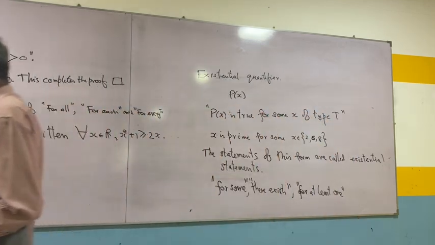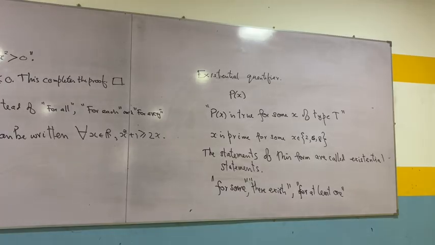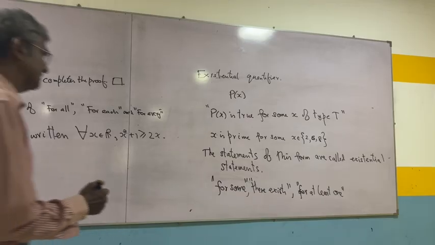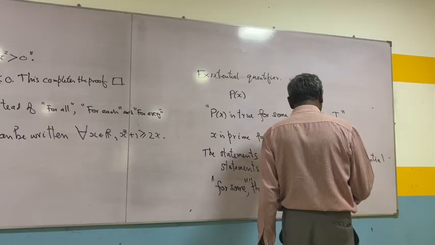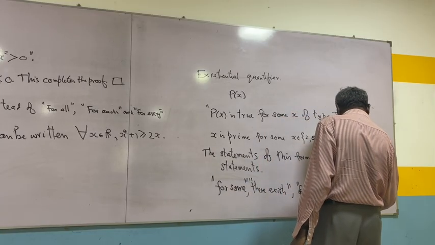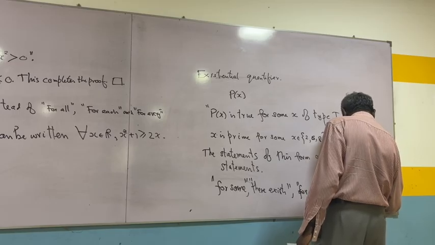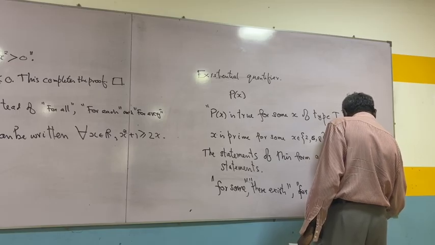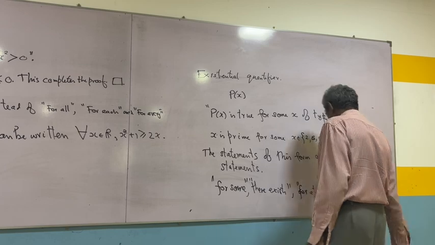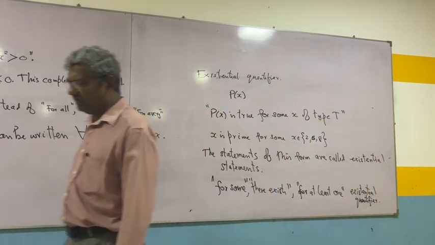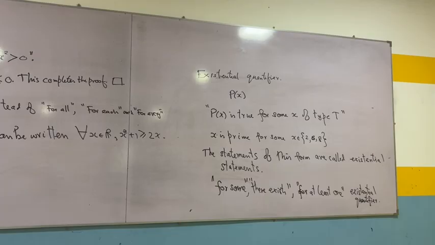These three, you can use any one of them, and that is called the existential quantifier. So you know universal quantifier, universal statement, you know existential quantifier and existential statements.